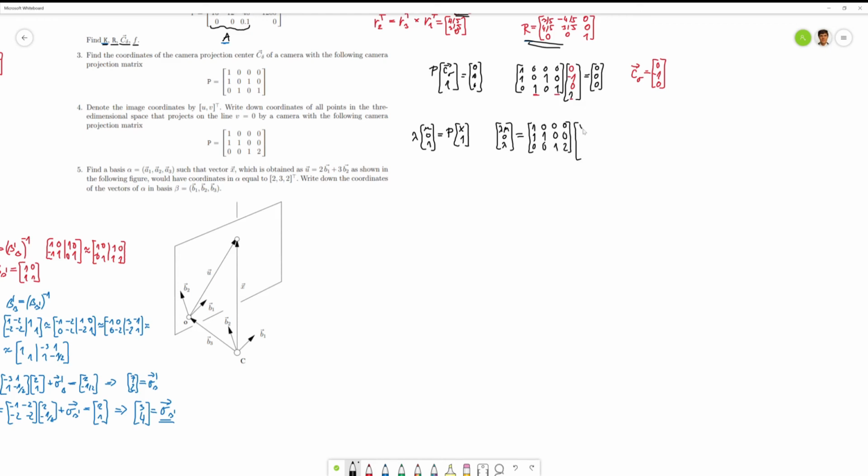This equation gives us lambda u equals x1, 0 equals x1 plus x2, and lambda equals x3 plus 2. Therefore, x1 is lambda u, x2 is minus lambda u, and x3 is lambda minus 2, where u and lambda are some real numbers.